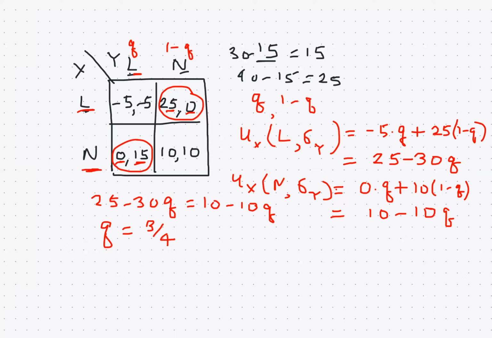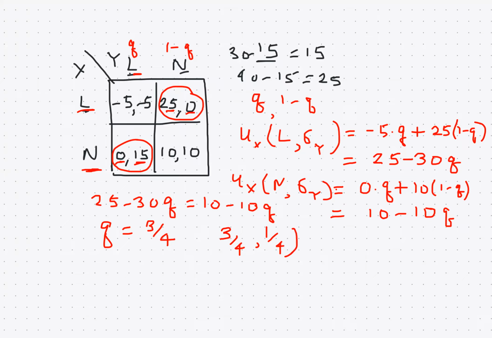So in other words, firm X can randomize in playing a best response if firm Y's strategy is 3/4 and 1/4. 1 minus Q is 1 minus 3/4, which is 1/4. So 3/4 and 1/4.